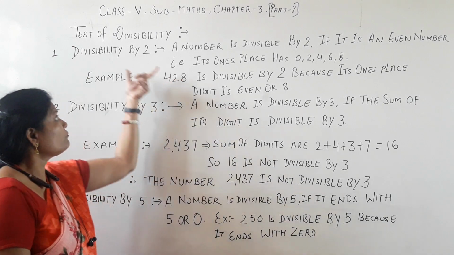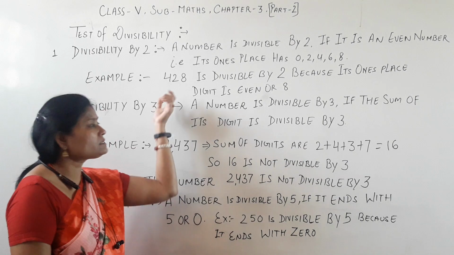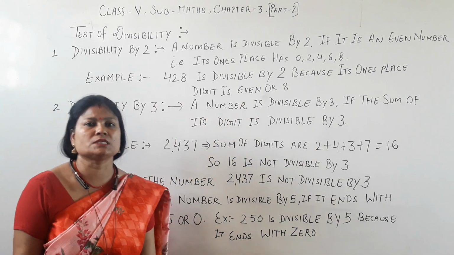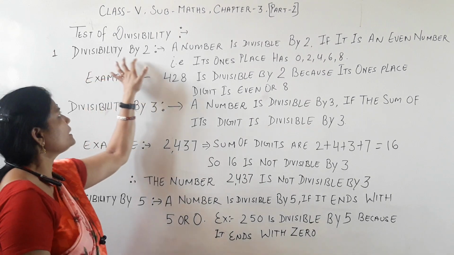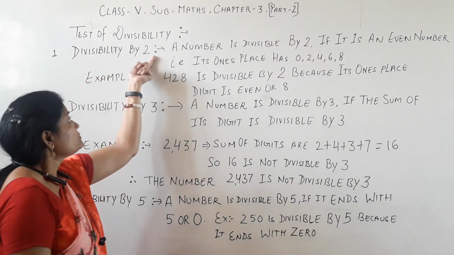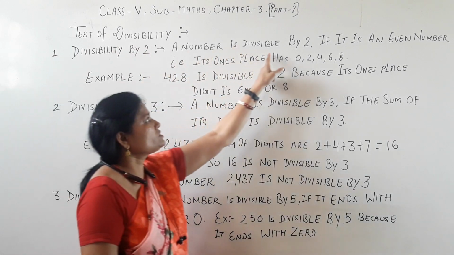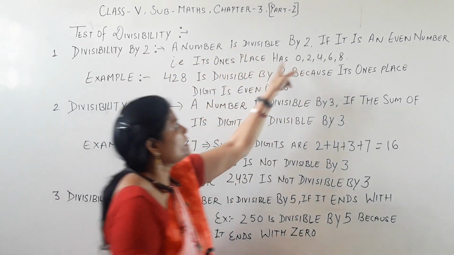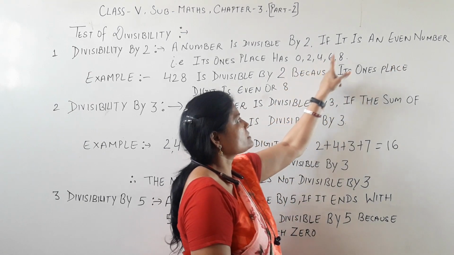In this rule, without any actual division, we can say that this number is divisible by 2 or this number is divisible by 3. So let's start our first rule, divisibility by 2. See children, 2 is an even number. A number is divisible by 2 if it ends with 0, 2, 4, 6 or 8.